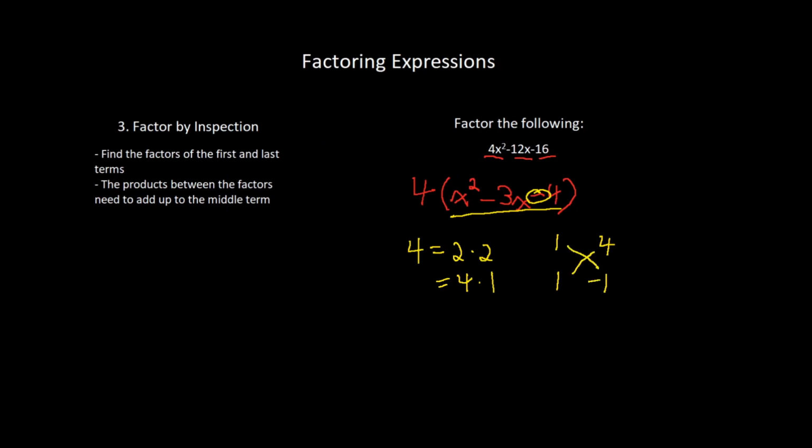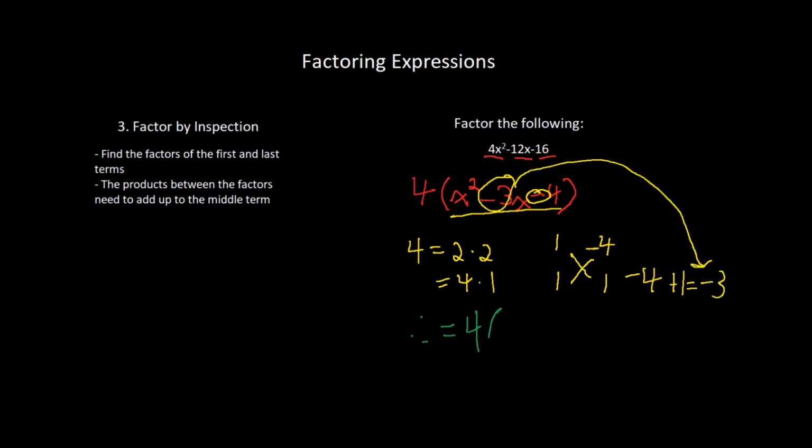If we put the negative on the 1, then we see that the products do not add up to negative 3. We then put it on the 4 and it works out. We can now write the factored form, which is 4 multiplied by x plus 4 multiplied by x plus 1.